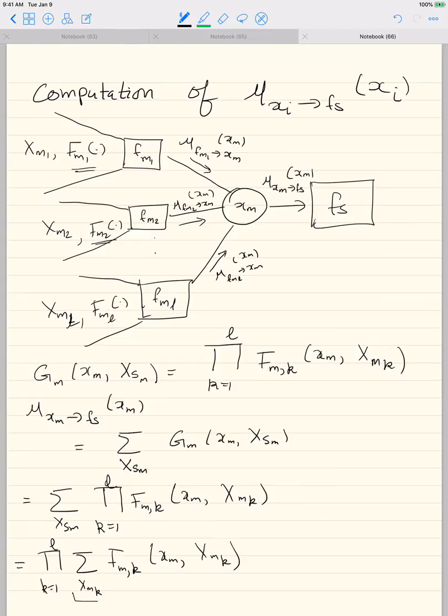But remember, this is again by definition marginalizing the downstream variable nodes with fmk as the factor node, and according to our previous definition, this will be the message from the factor node fmk to the variable node xm.